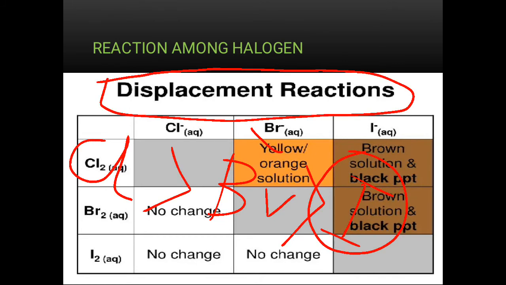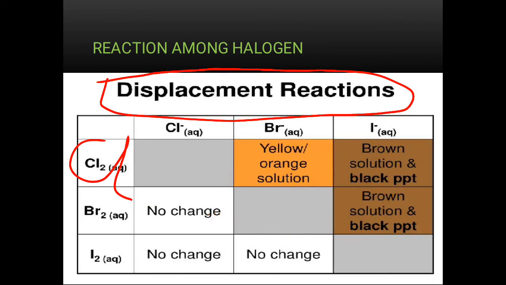It's just on the basis of comparative reactivity. So in this chart, we are just trying to explain to you that chlorine is able to replace bromine and iodine, and bromine will be able to displace iodine.